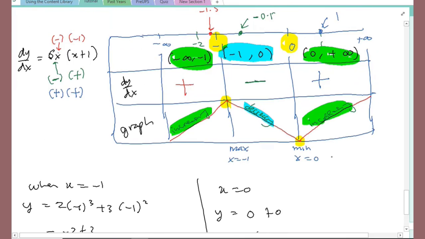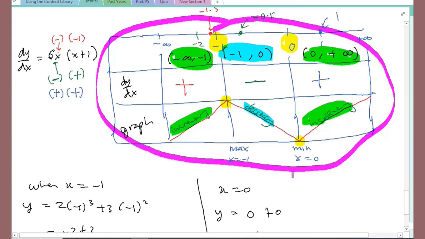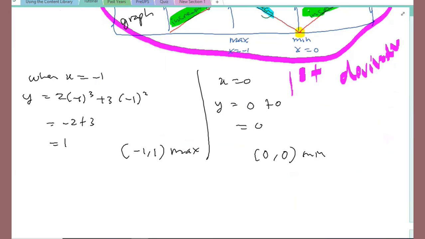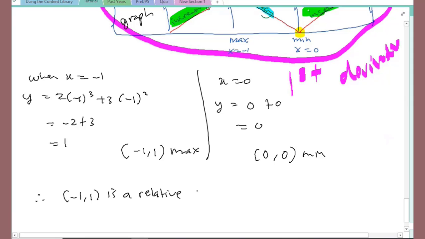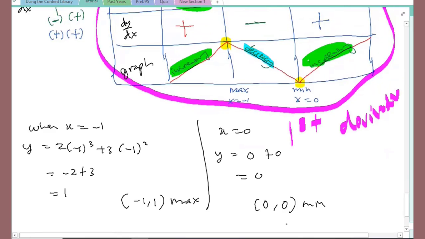This is using the table. The table shows the first derivative. Okay, and then the conclusion. Therefore -1 is a relative maximum, confirmed.